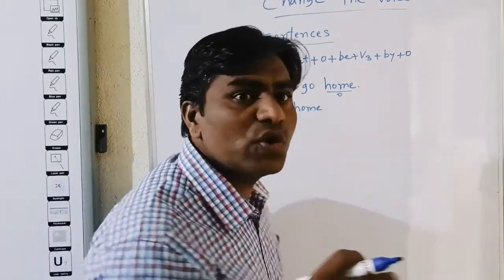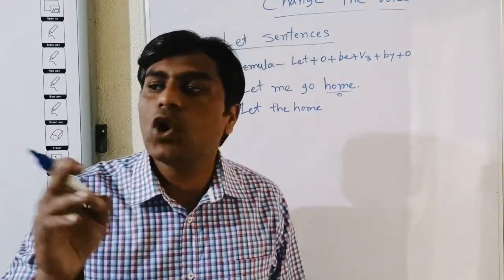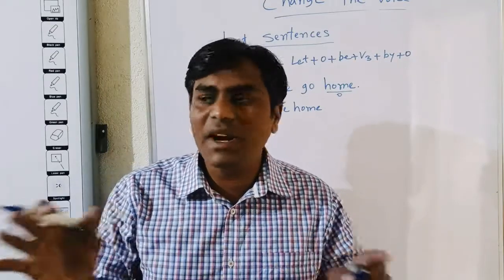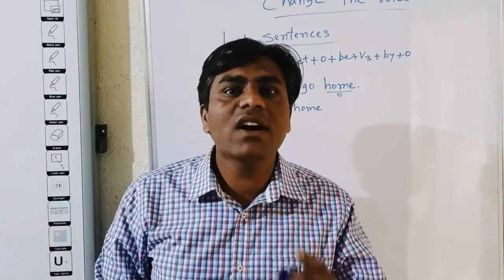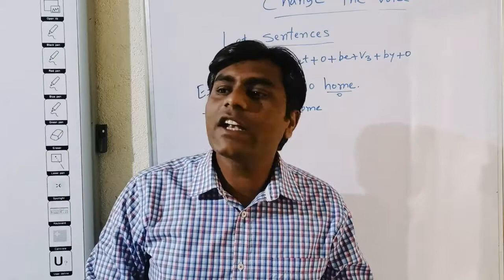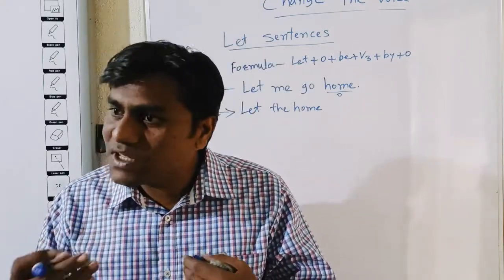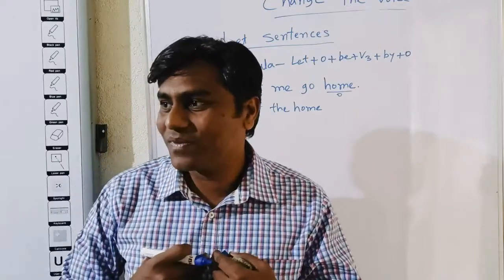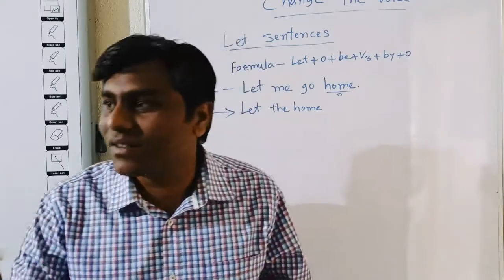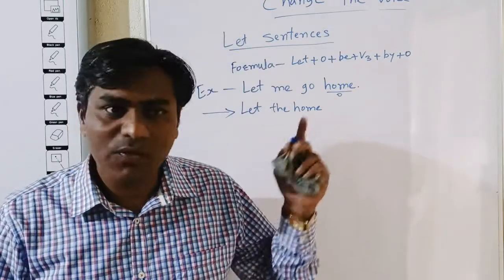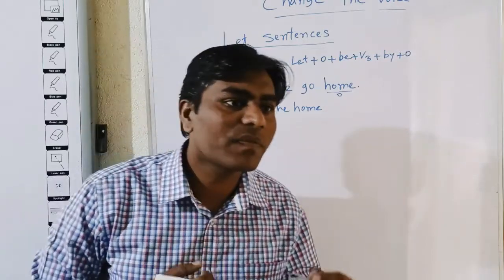When we use home commonly, then we can write there a home. But let me go home means that I know where is my home. It means let me go to my home. Therefore I use there the.